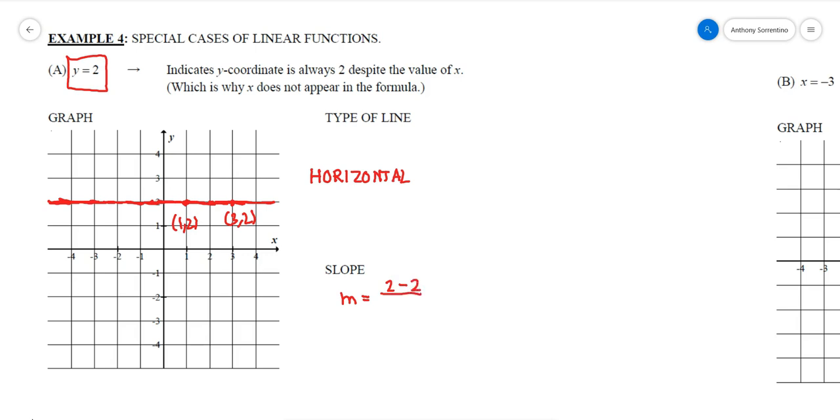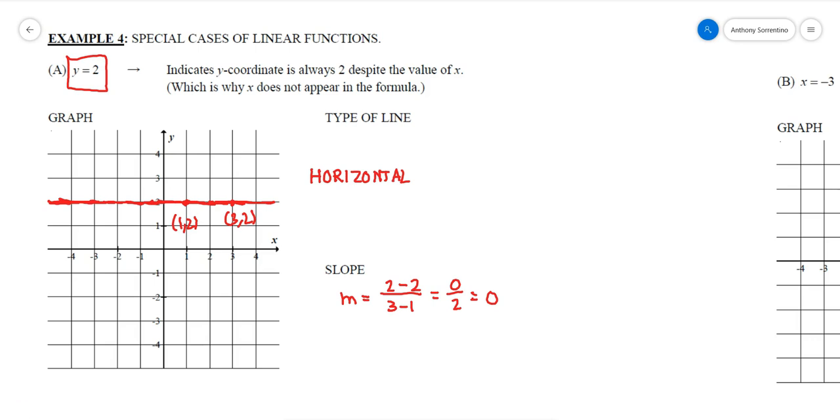I subtract my x's, I'm going to have 3 minus 1. Which gives me 0 over 2. And 0 divided by any other number is just 0. So the slope of this line is 0. So when I have an equation that says y equals a number, it's going to be a horizontal line, and the slope of a horizontal line is 0.